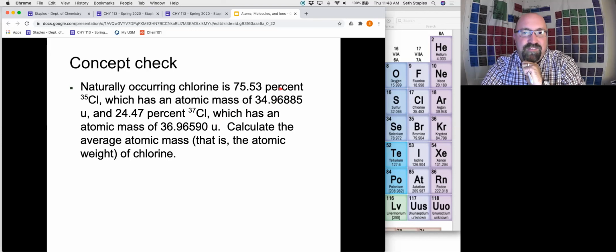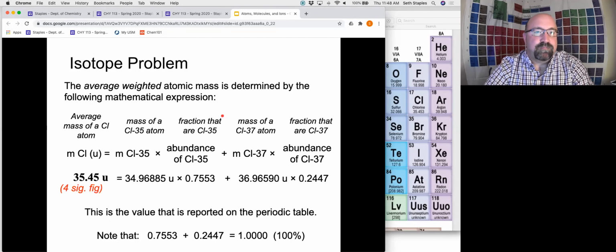And so we want to use this information. We want to use the percent abundance and the mass of each isotope to calculate what the average atomic mass is, to calculate what we call our blended atomic mass. And here's how we would do that. So we take our mass of a chlorine atom. And so here's chlorine 35 right here.